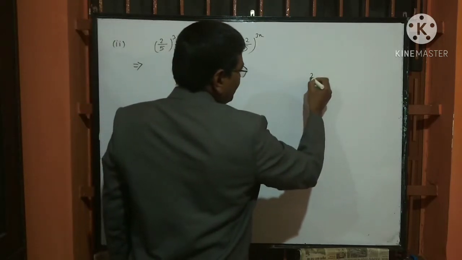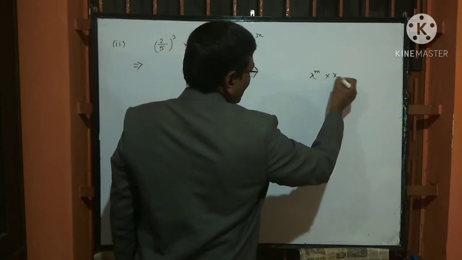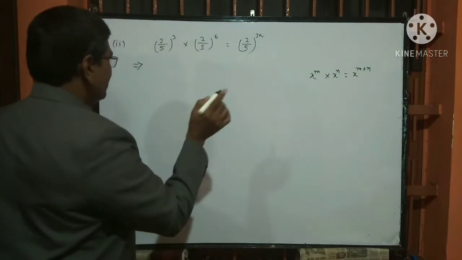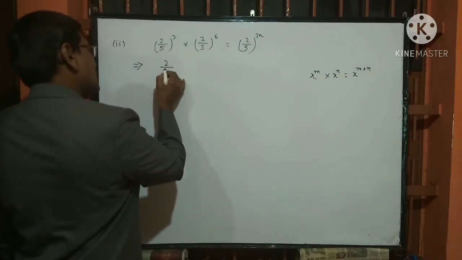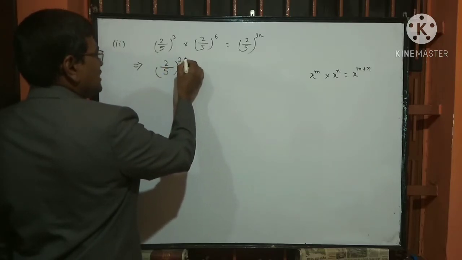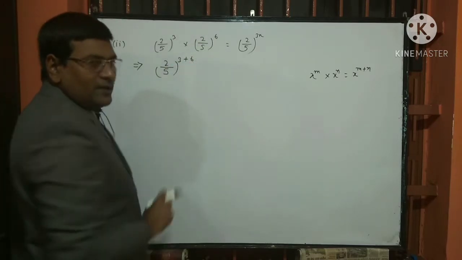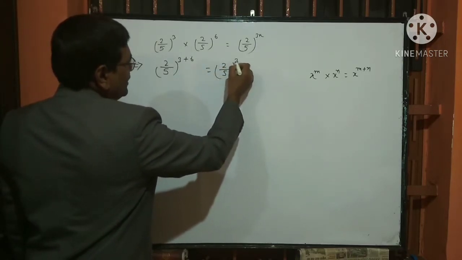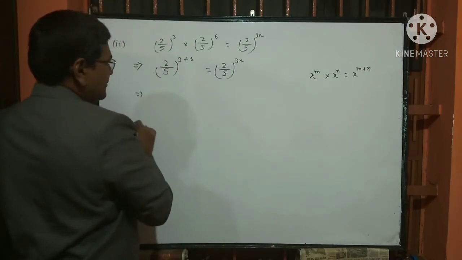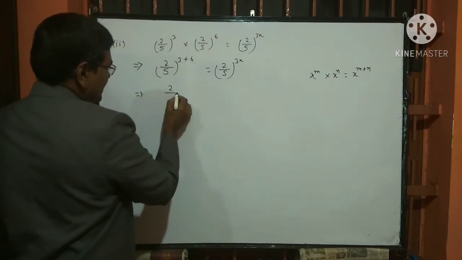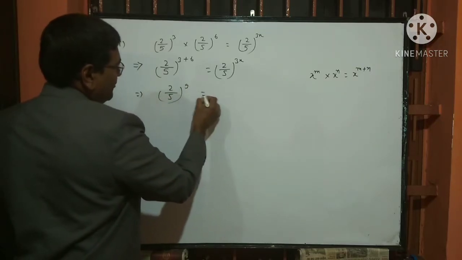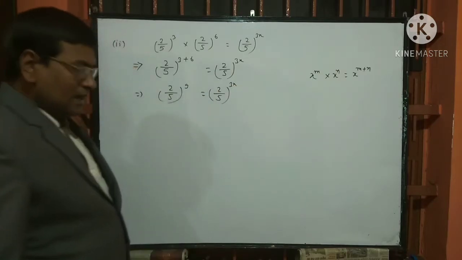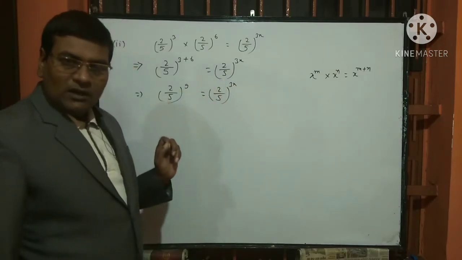We have a formula: x to the power m into x to the power n equals x to the power m plus n. We will use this: (2/5) to the power 3 plus 6. Both powers will be added. And in the right hand side it is (2/5) to the power 3x. Now 3 plus 6 is 9. Now both bases are same, then their powers will be equal.